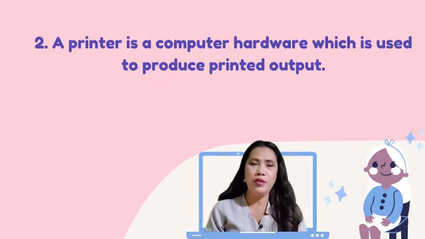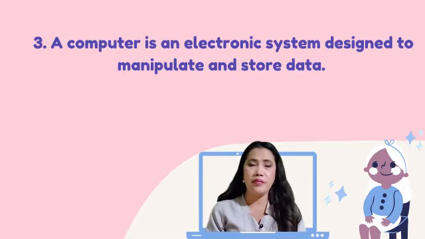Number 2, a printer is a computer hardware which is used to produce printed output. Number 3, a computer is an electronic system designed to manipulate and store data.